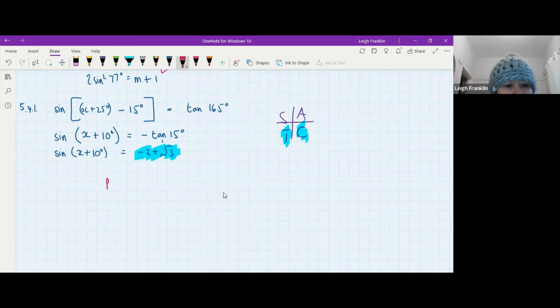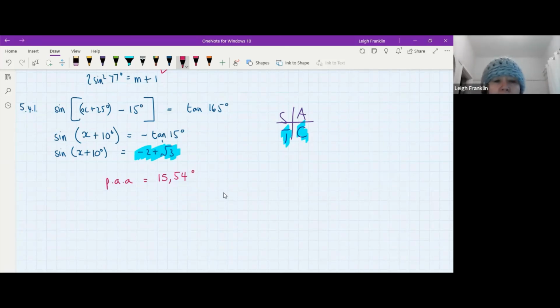Remember we're going to leave the negative off when we find our PAA. We go shift tan, pop in our ratio, and I'm getting a PAA of 15,54 degrees.